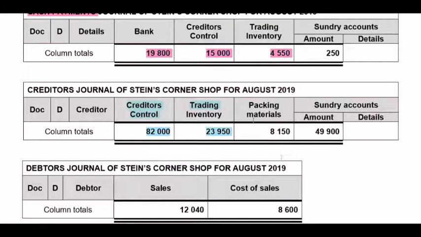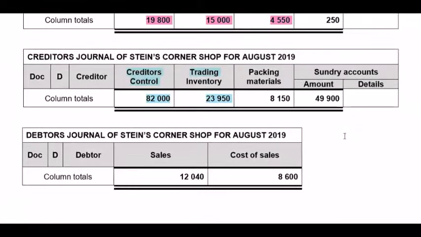We don't care about this packing materials amount because packing materials is not a big 5. It's like when you go to the Kruger National Park and you see some impala. At a point in time, you don't care because the impala is not part of the big 5. So packing materials is the impala of accounting at this point in time. The same with sundry accounts. Just leave them. And then the last journal that you have to post is the debtors journal.